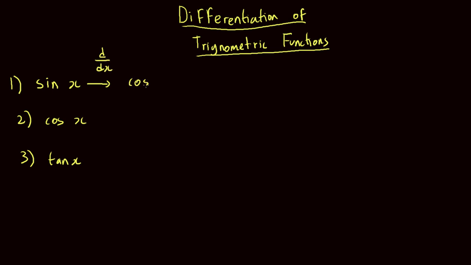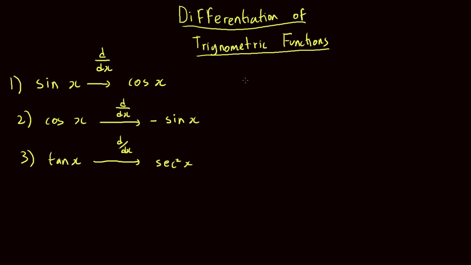It'll just be the cosine of x. For the cosine of x, the derivative would be the negative sine of x. And for tangent, the d dx is quite simply sec squared x, right?